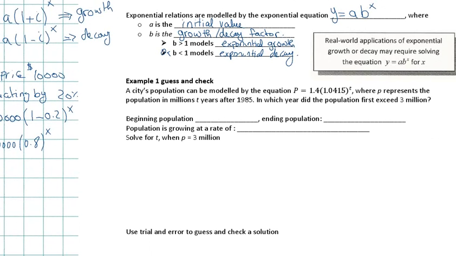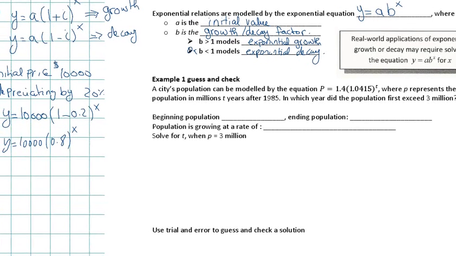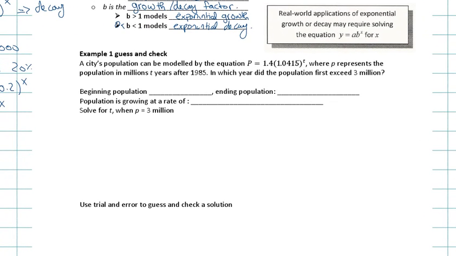How do we know that it's increasing? Greater than 1. What's greater than 1? B. The base, right? So your base right here, which is 1.0415, is greater than 1, so we know that's an increasing function. Good. Now, my question to you is, what is your beginning population? What's your initial population? 1.4 million.